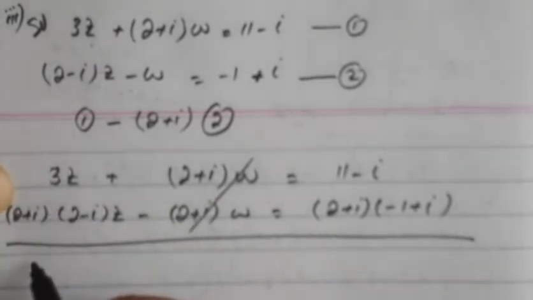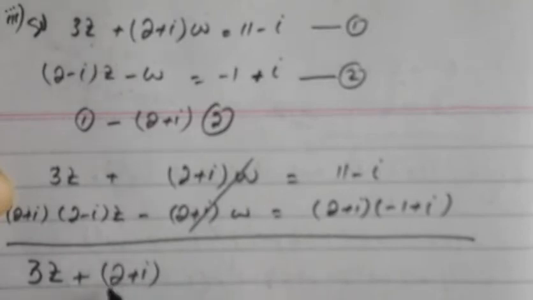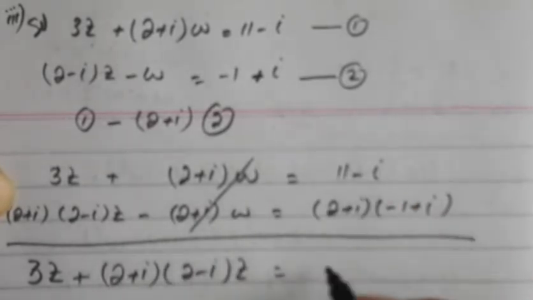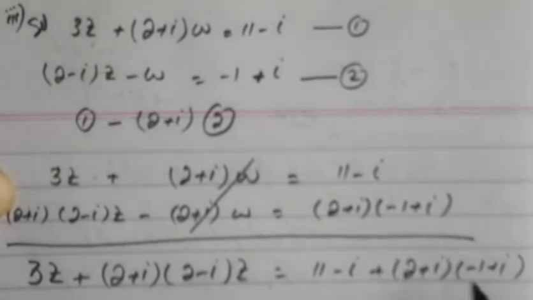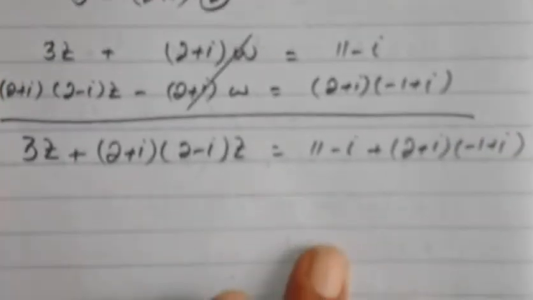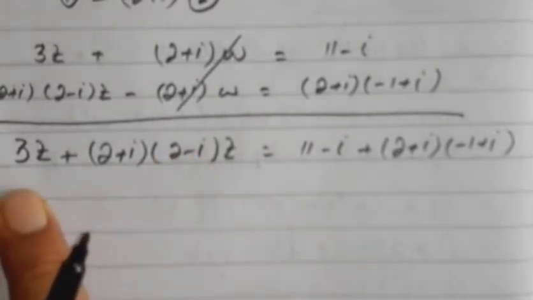So these two cancel with each other. Here remains 3z + (2 + i)(2 - i)z, and here remains 11 - i and plus (2 + i)(-1 + i). Now we will multiply these two and then we will add it with this.